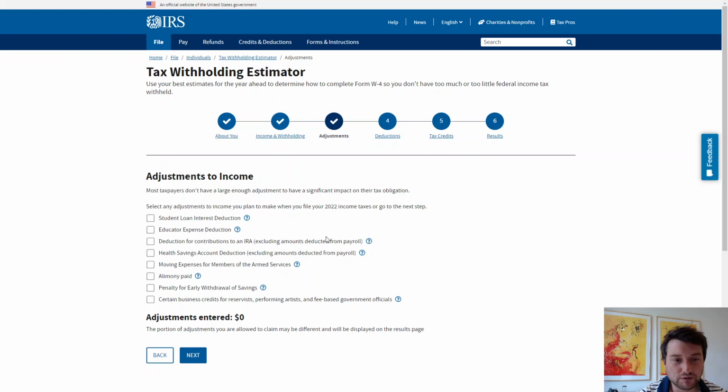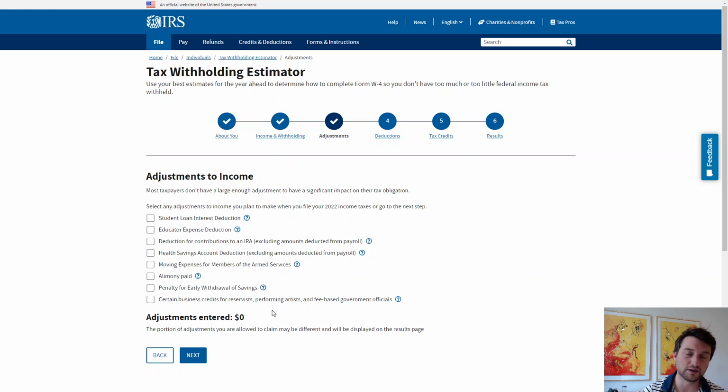And that deduction is a reduction to your gross income in arriving at your adjusted gross income. Okay, other things that are relevant here. Deductions for contributions to an IRA. So if you make contributions to a traditional IRA and your income is within certain thresholds, right, so you're not phased out, the amount of money you put in a traditional IRA is an above the line deduction, okay?